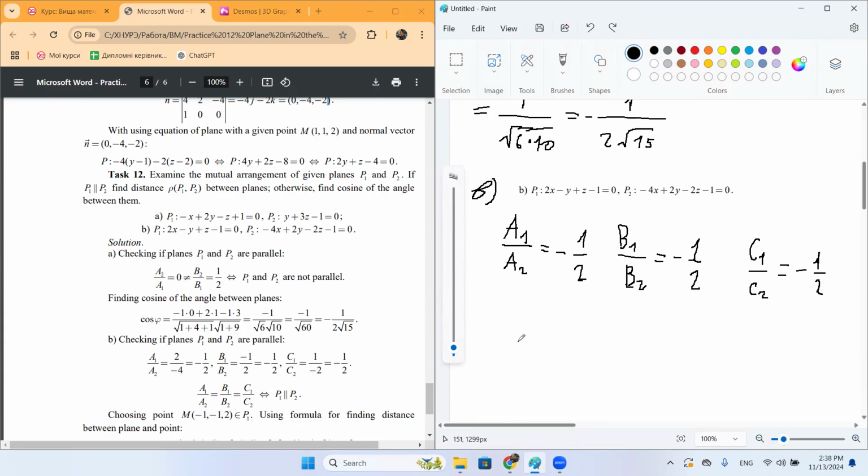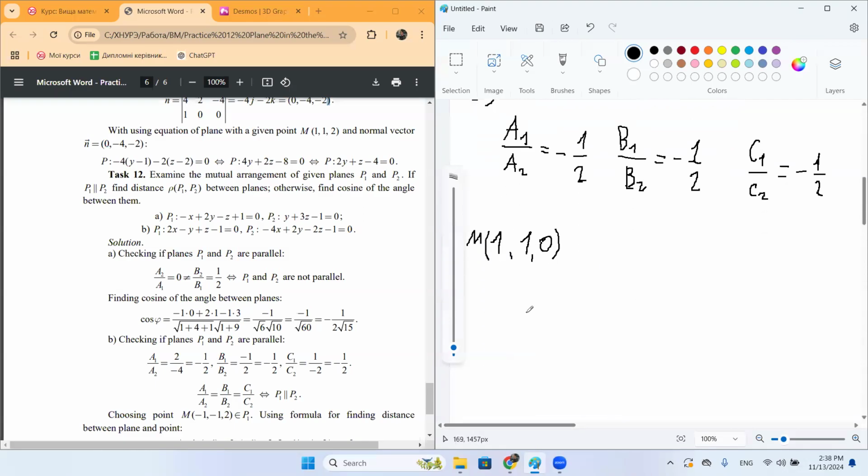So, for example, 1, 1, and 0. Yes, 2 -1 -1 equals 0. Let's go with this point.